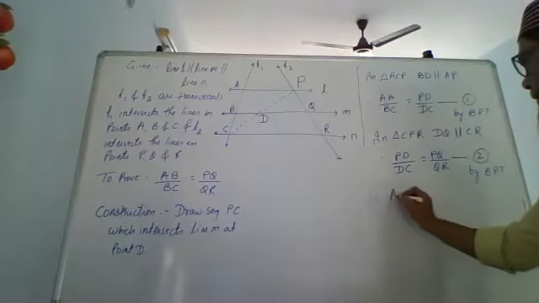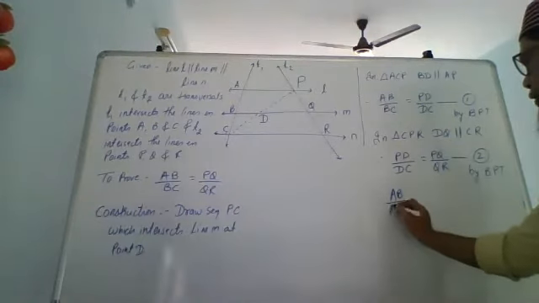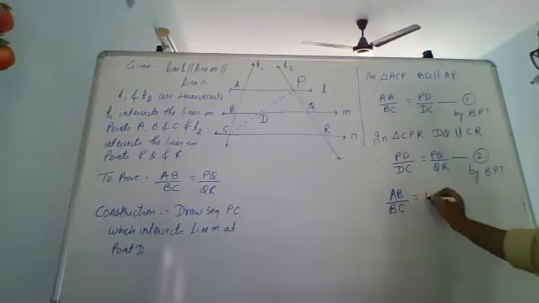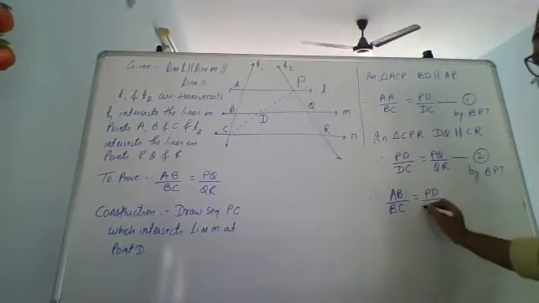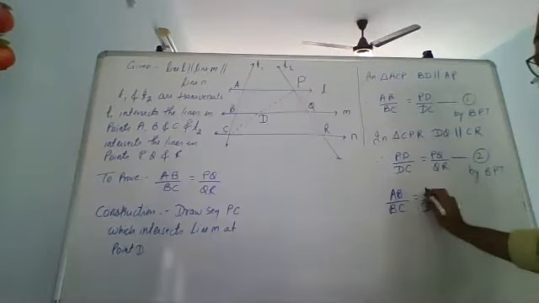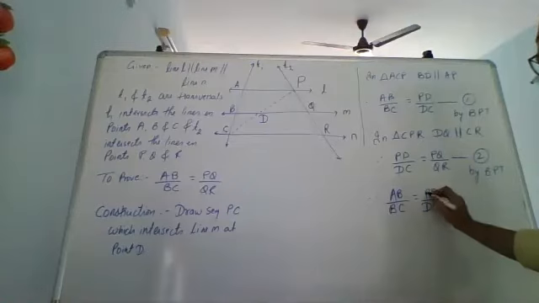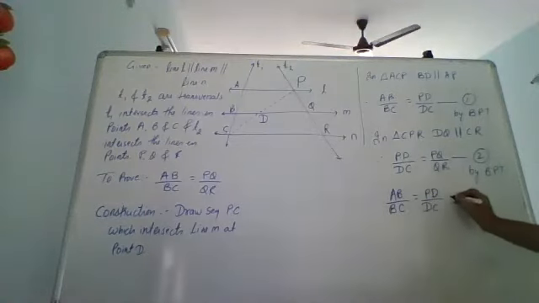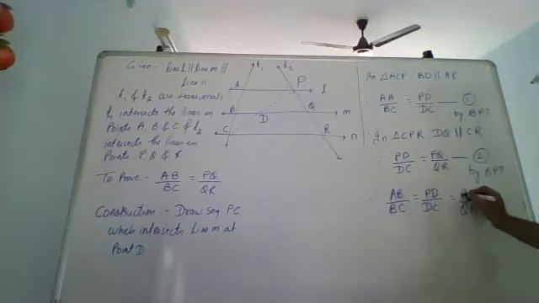Therefore, AB upon BC is equal to PD upon DC. And what is PD upon DC equal to?